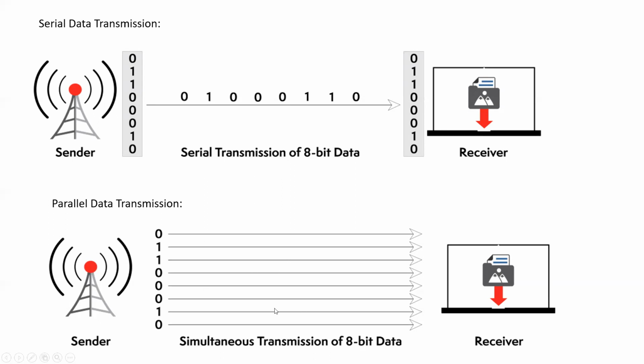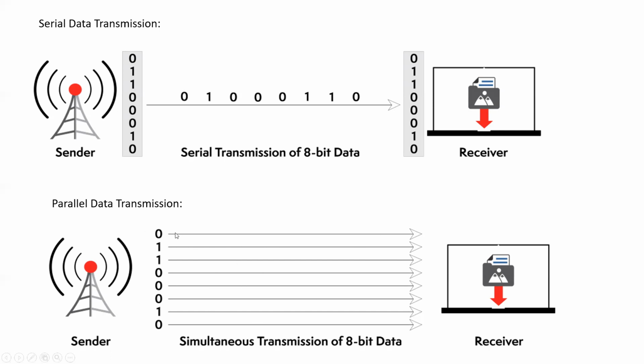Here different wires are there and all the bits are transferred to the destination simultaneously. So here we require multiple connections, separate wires, whereas there is only one single connection in serial.